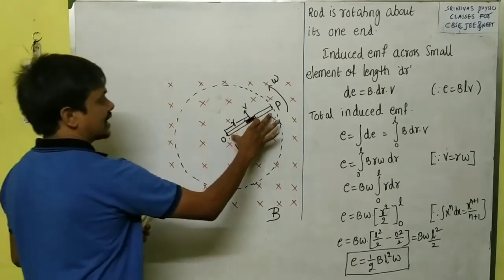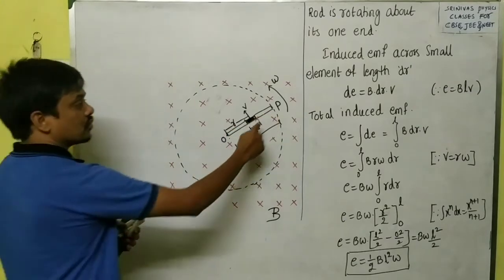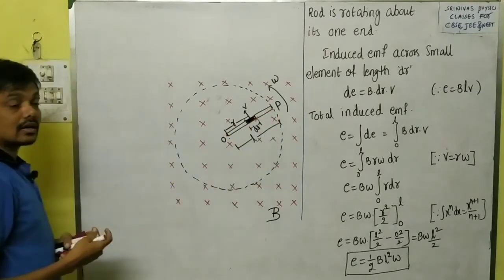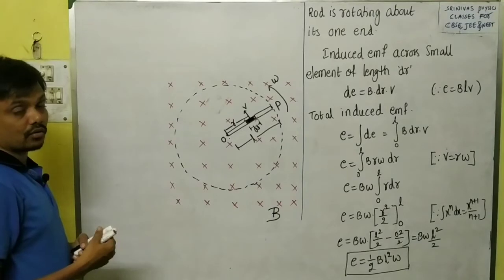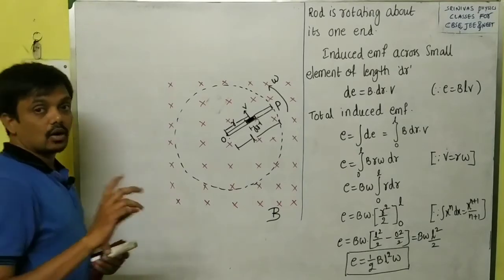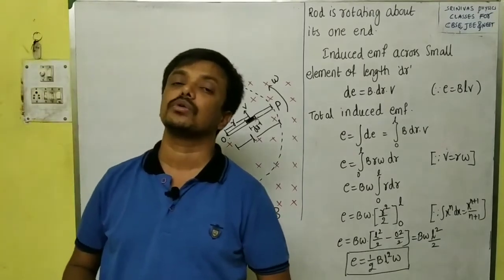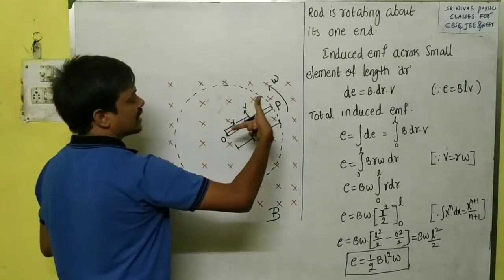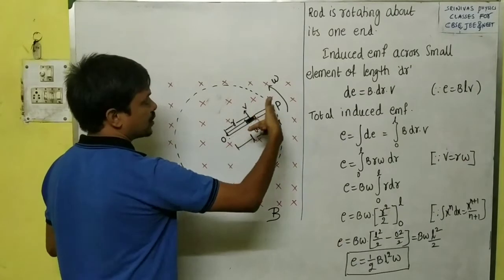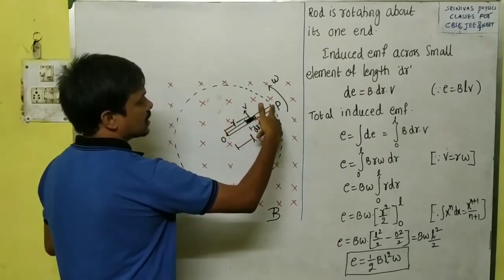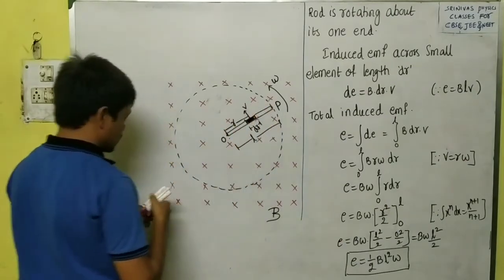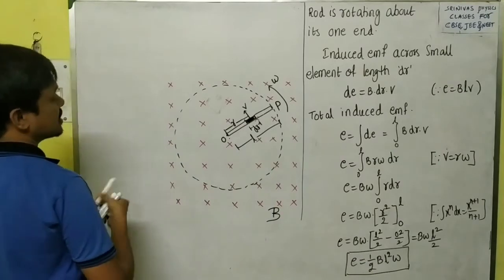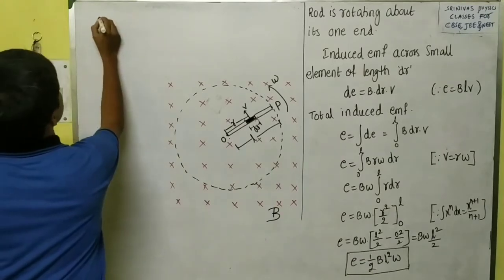Actually, when it acts as a cell, the current flows from P to O. In a cell, you know that current flows from the negative terminal to the positive terminal. Outside of the cell it goes from positive to negative, but inside the cell it goes from negative to positive. Here we are getting the current towards O, P to O. That means P is negative and O is positive.